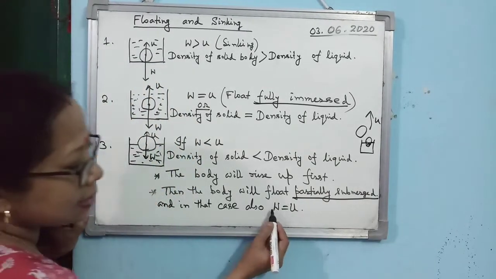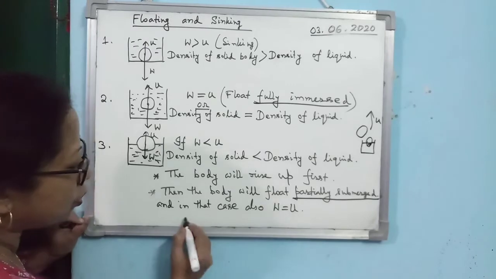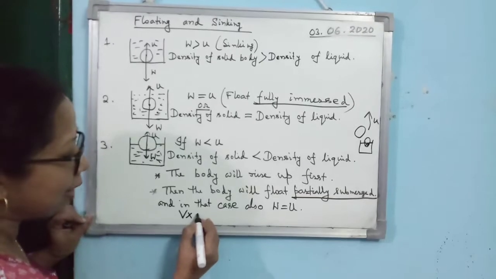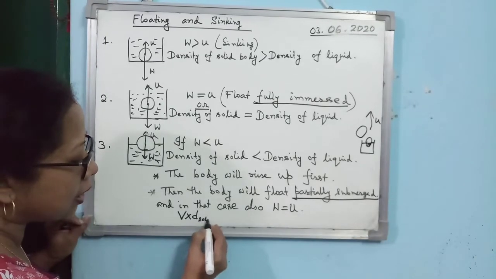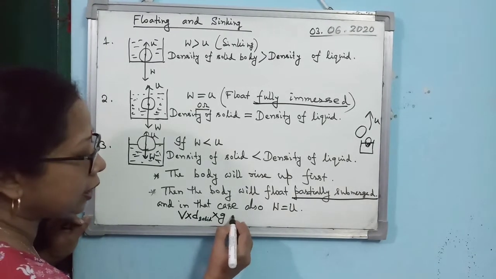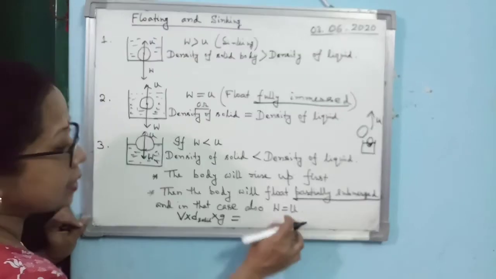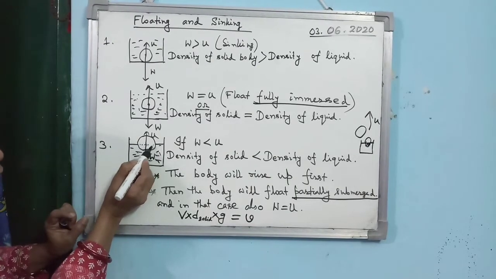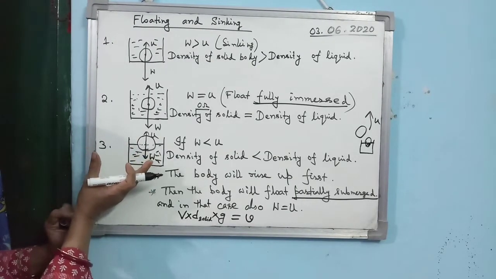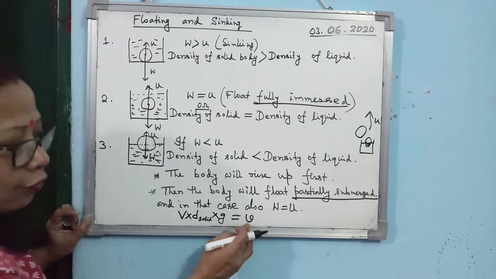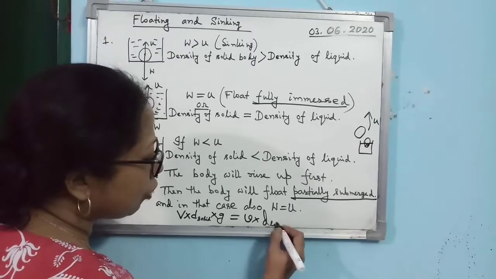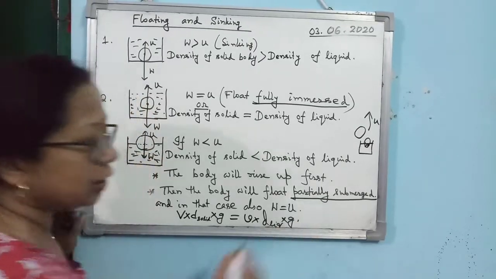Clear? And in this case, what is W? W is the total volume of the body multiplied by density of the solid multiplied by g. And what is the upthrust in this case? Upthrust is small v, the portion of the body which is within the liquid, multiplied by density of the liquid multiplied by g.